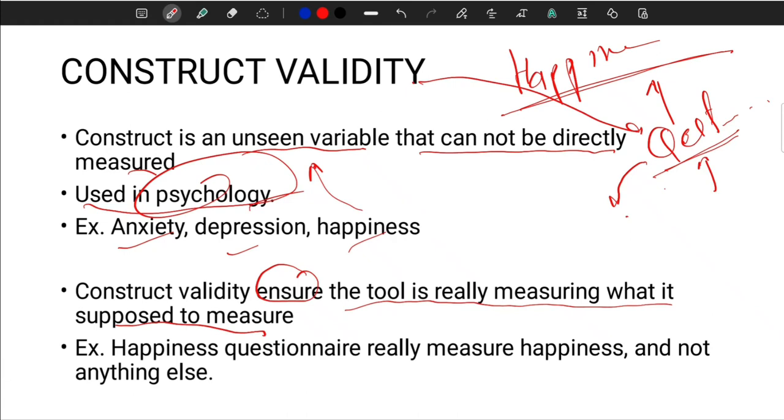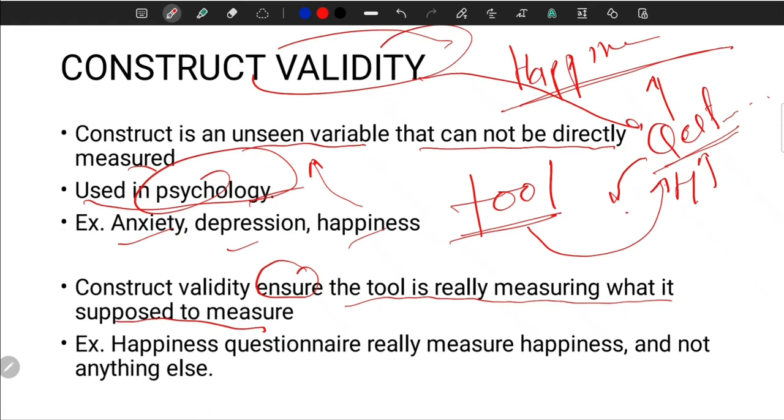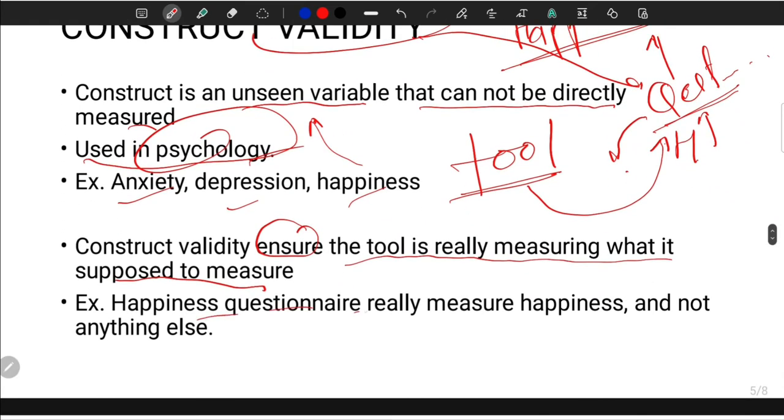Hope you are getting this. Construct validity tells us that the tool we have made only measures that particular variable, not another. For example, a happiness questionnaire really measures happiness and not anything else.